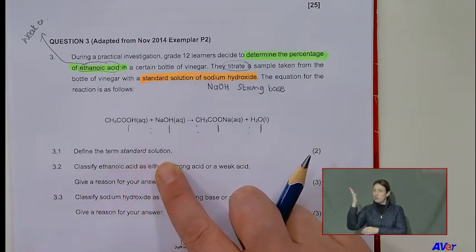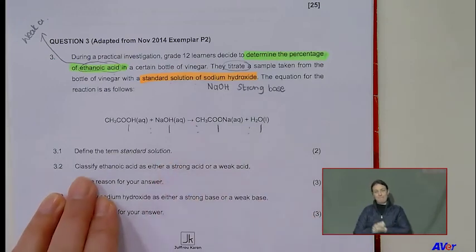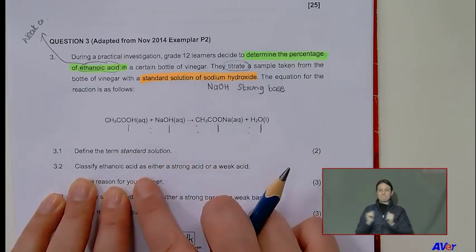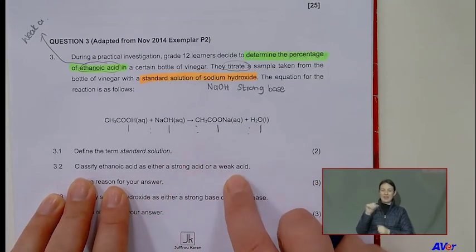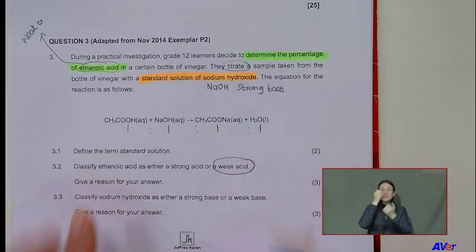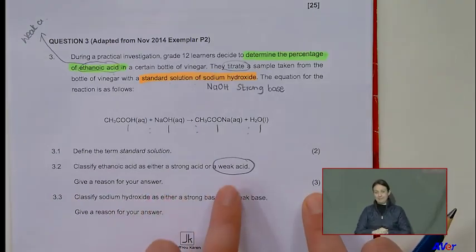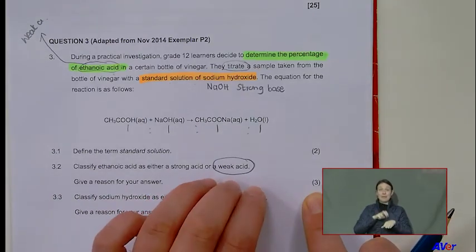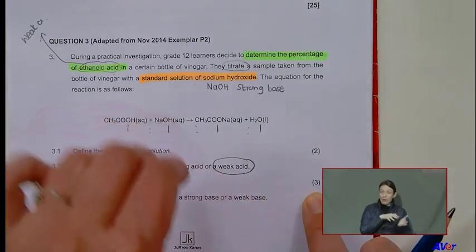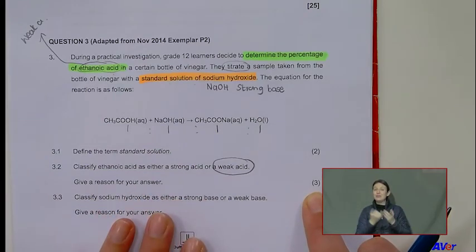And that concentration will remain constant over a period of time. Classify ethanoic acid as either a strong acid or a weak acid. It is a weak acid, and then give a reason for your answer. So when we have to give a reason for why we are saying something is a weak acid or a strong acid, all we do is we write down the definition.